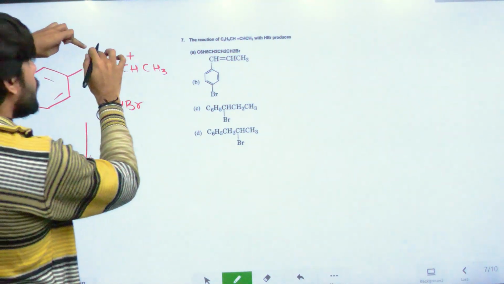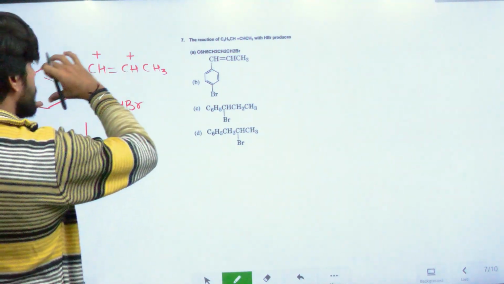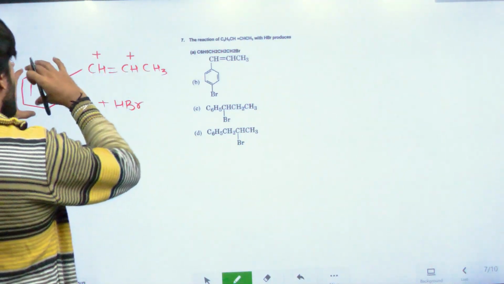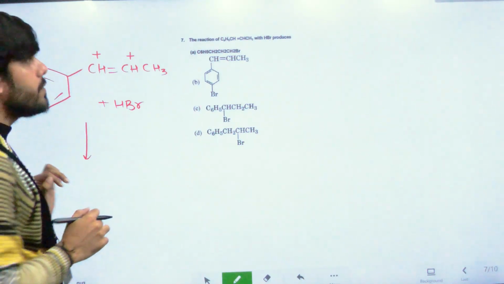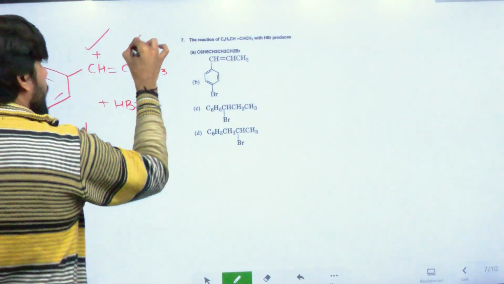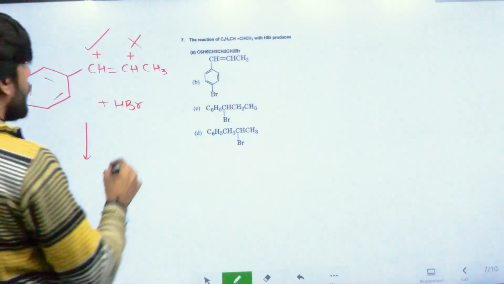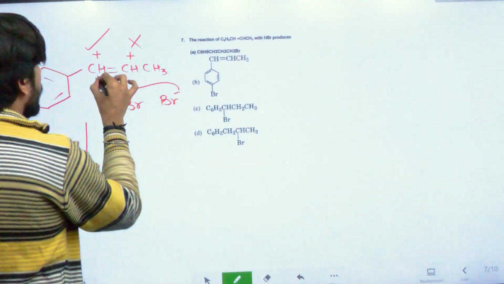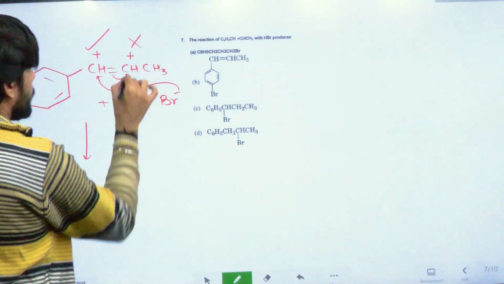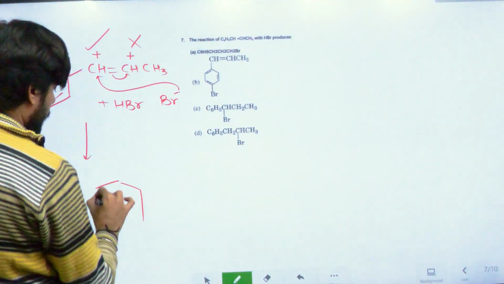But I know that positive over here is very stable because this is a benzylic carbocation, stabilized by delocalization of electrons from the benzene ring. So this is favored and this is not favored. So the negative part of the addendum will attack this particular carbon, and this shifts like this. So what I am getting is this.